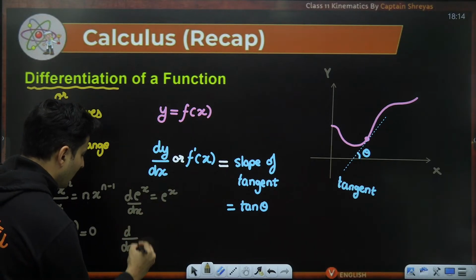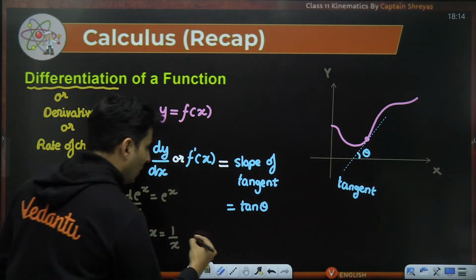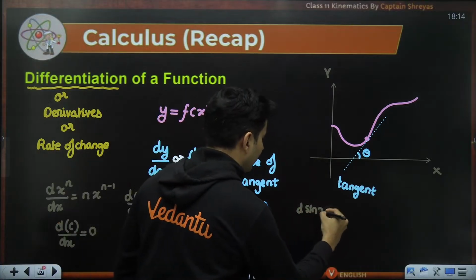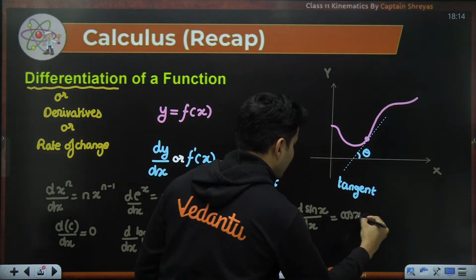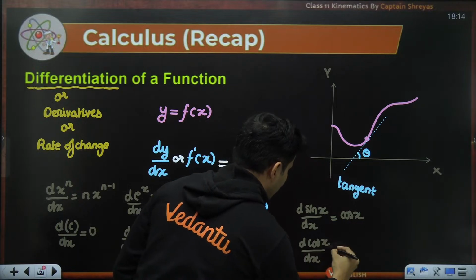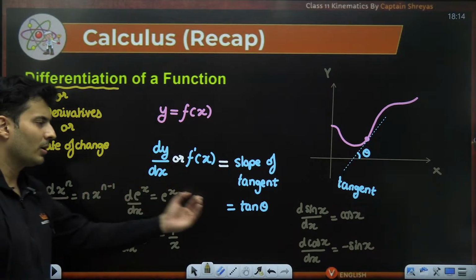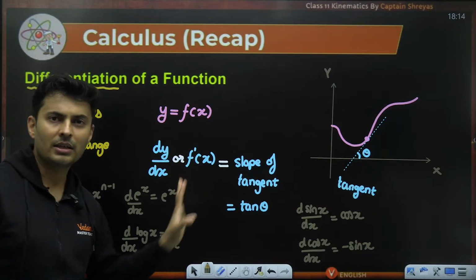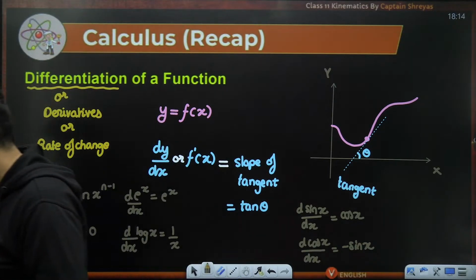Derivative of log of x is 1 by x. All these things we have seen, correct? Even trigonometric derivatives. So derivative of sine of x is nothing but cos of x. Derivative of cos of x is nothing but negative sine of x. All these formulas we have seen, in our previous discussions. Cool. Remember it, guys? Yeah.